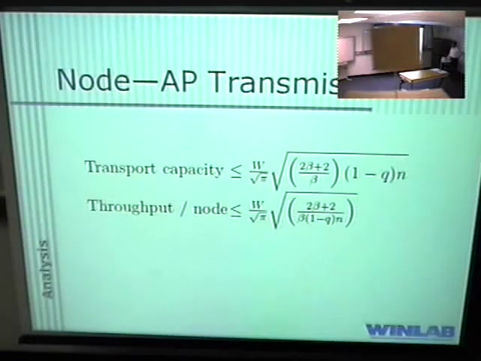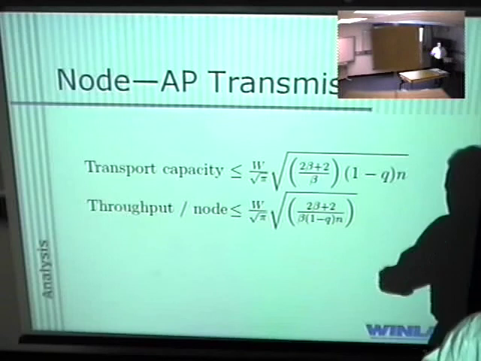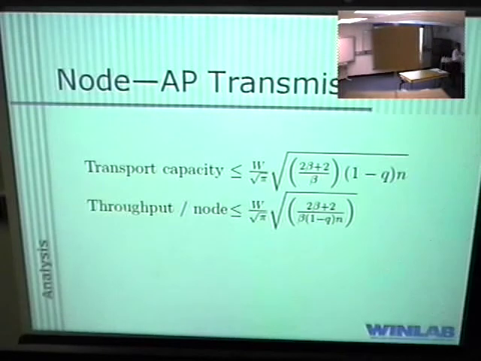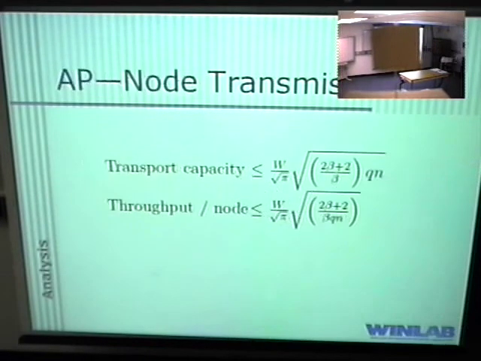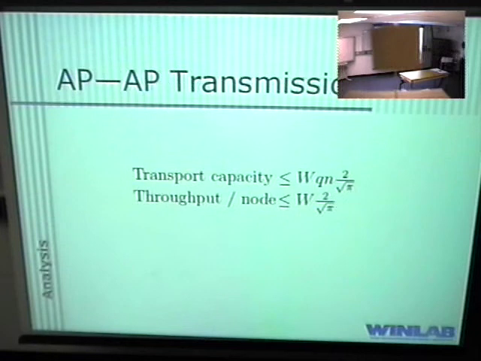So if we consider traffic patterns and we consider the wireless nodes and the access points in between, the result might be a little different. Finally, since the number of access points is Qn, in the case of access point to node transmission, the result is obtained as this. It's scaled by Q. And an access point to access point transmission, which is nothing but a wired transmission, gives this result.